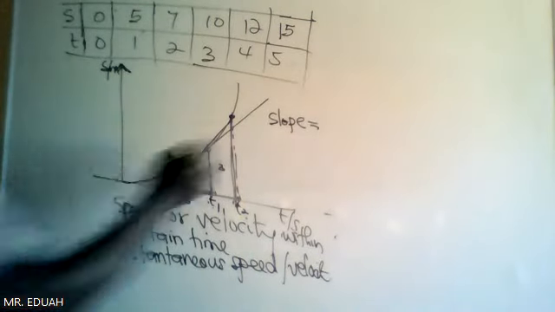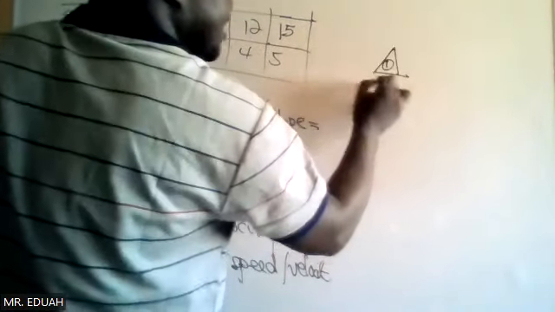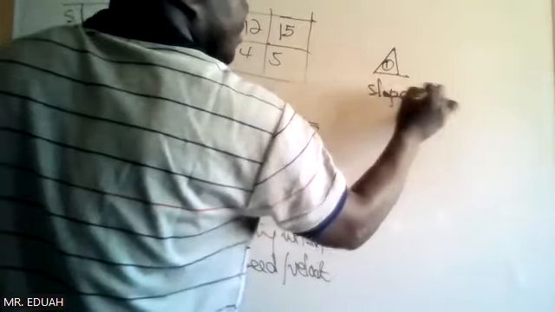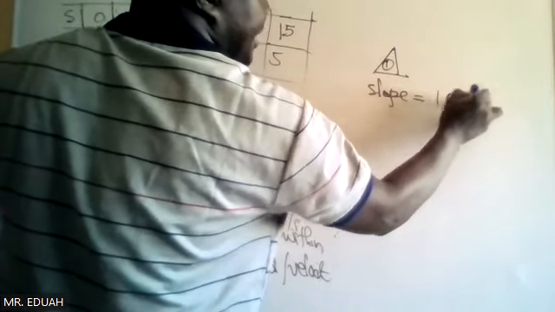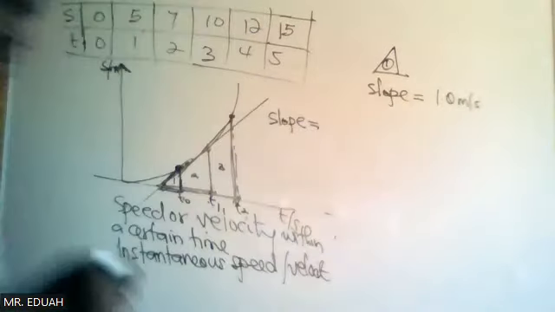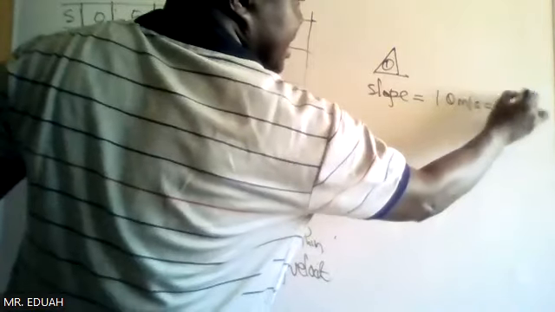So if the smaller triangle 1 gives us a slope of maybe 1.0 meter per second, which is equal to the velocity or the speed.